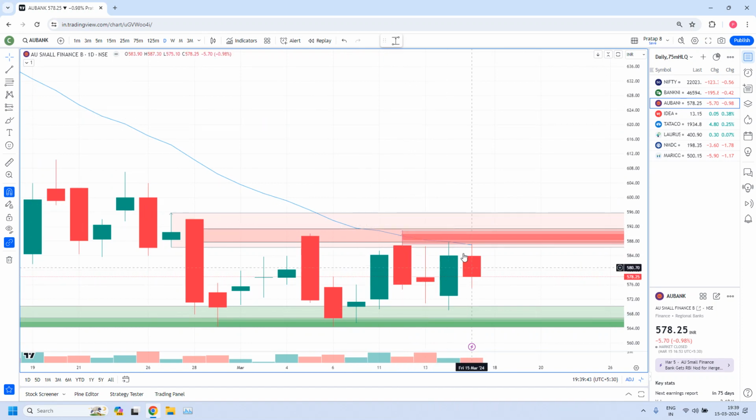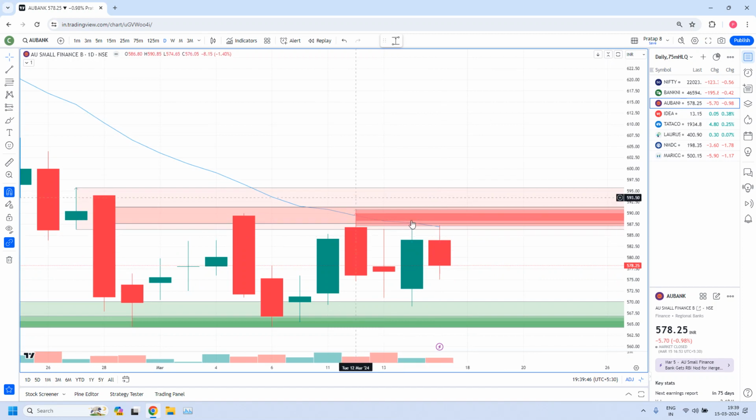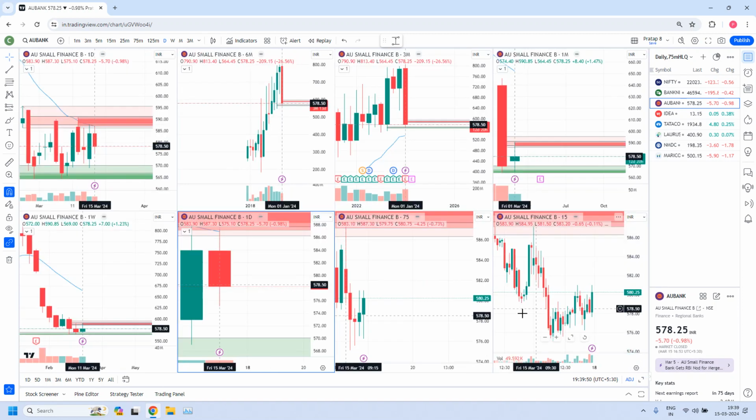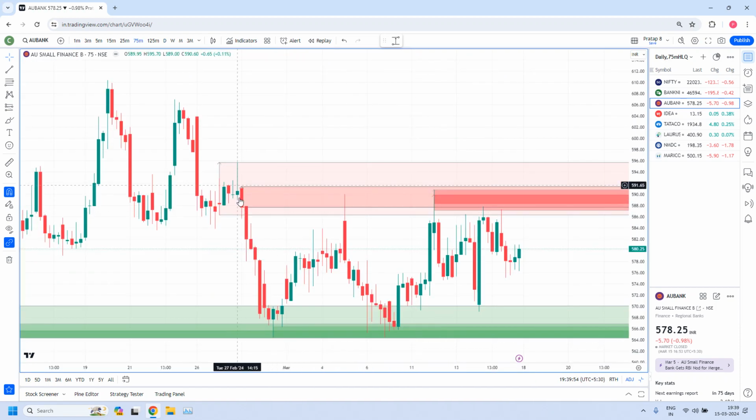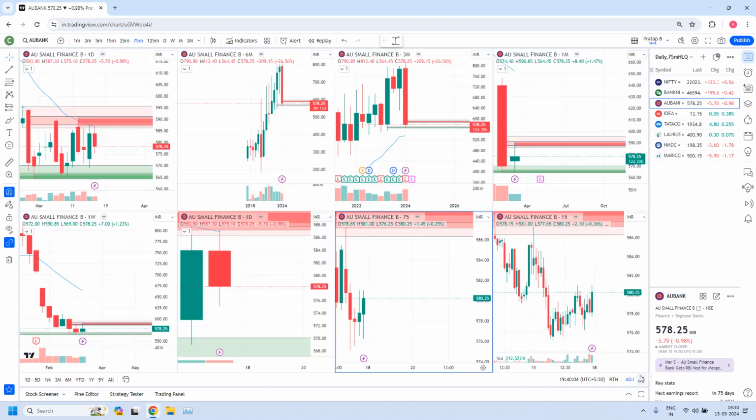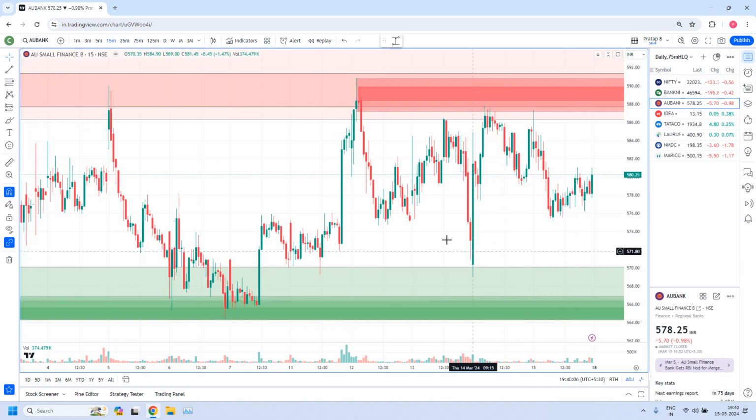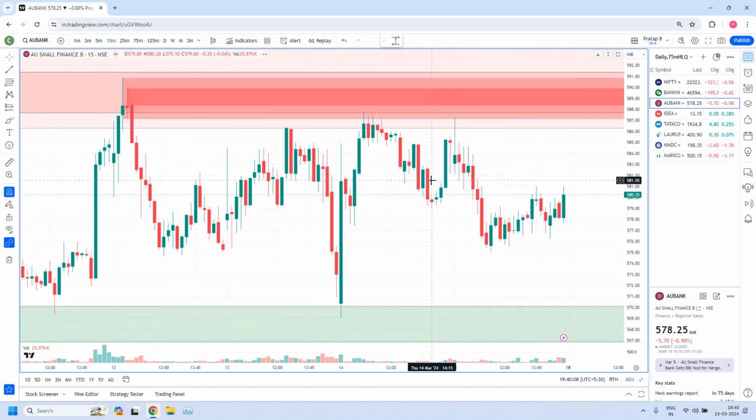Okay, so this is the one. Here already we have a 75-minute zone. Inside daily, we have drawn a 75-minute zone here. We have rally, base candles, then a drop candle, base, drop. This is an ERC candle. And within this 75-minute zone, again we identified a 15-minute zone here.